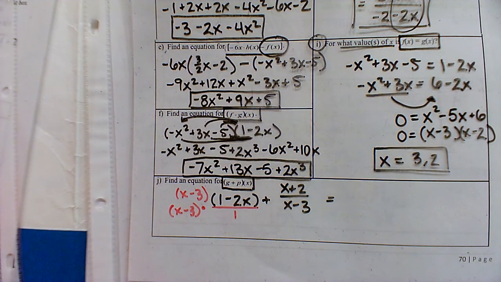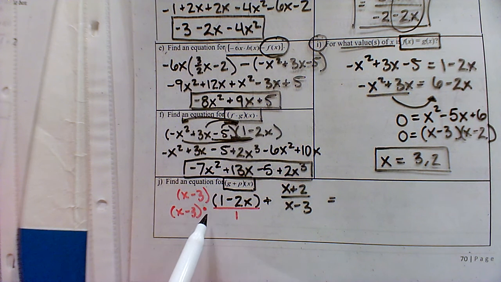How do you multiply fractions? Because right now on the board we have these red items being multiplied by this fraction. How do you multiply fractions? Any ideas?